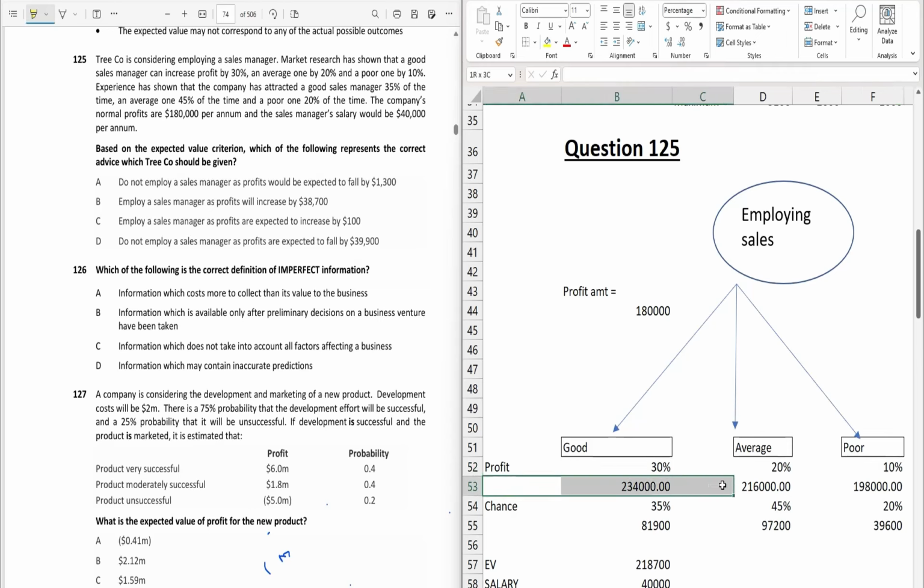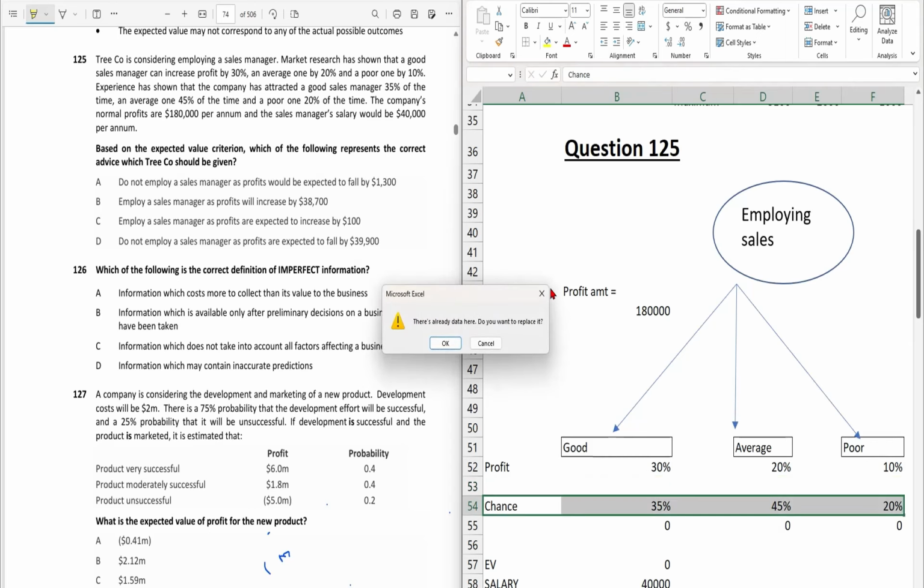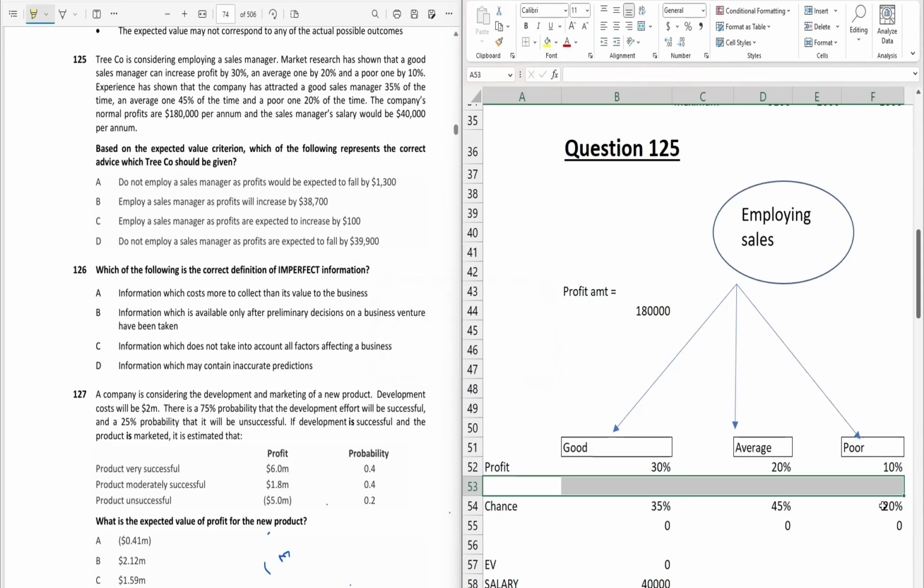But the twist is here. They have given the chance that, according to the company's experience, they have hired a good manager 35% of the time, an average manager 45% of the time, and a poor one 20% of the time. Now you might be confused whether this is the expected value approach or what.